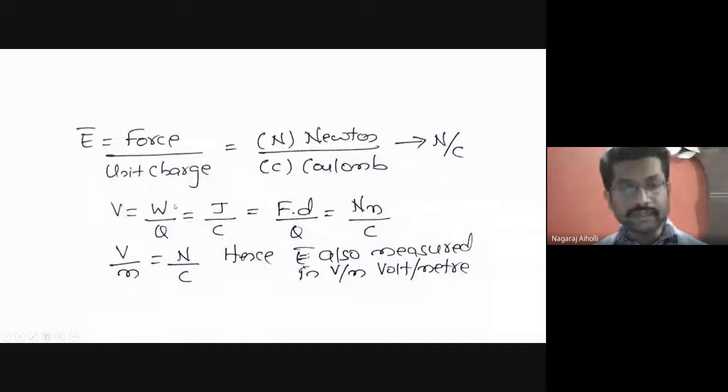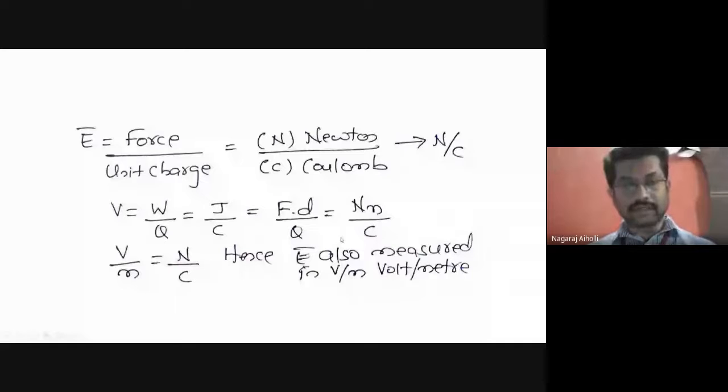This work done unit is also Newton meter, because I can express work done as force into distance, divided by the charge Q. Force unit is Newton, distance is meter, so it is Newton meter per coulomb. If I take this meter to the LHS, it will be volt per meter, which is equal to Newton per coulomb.